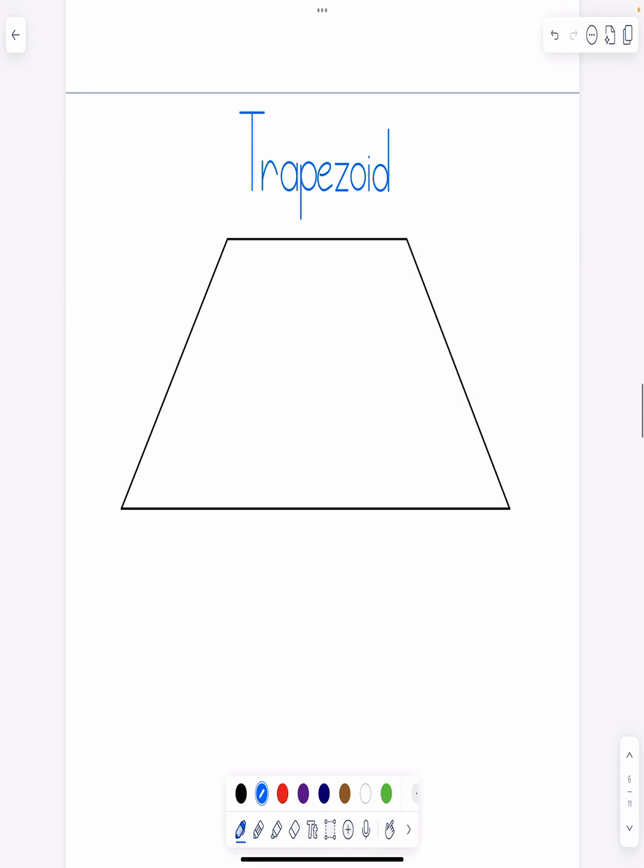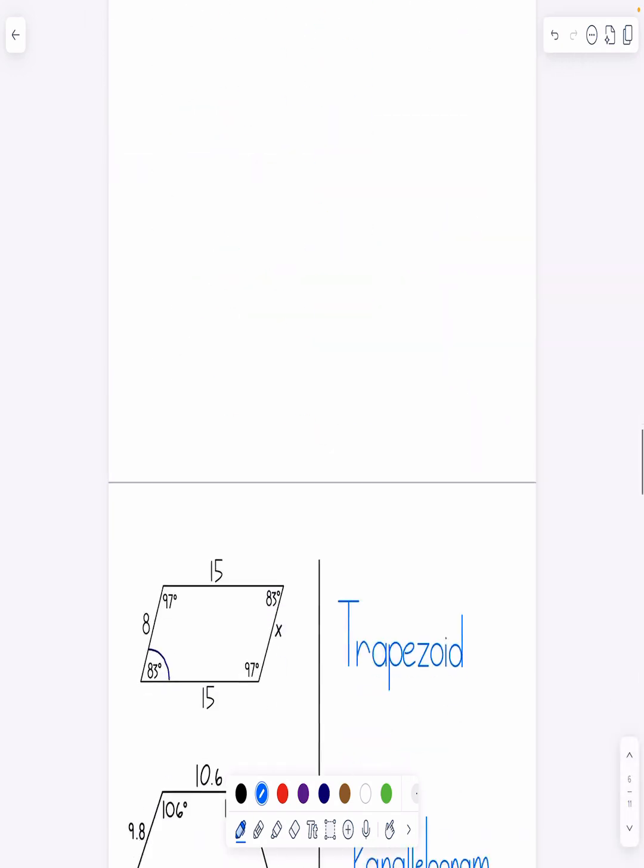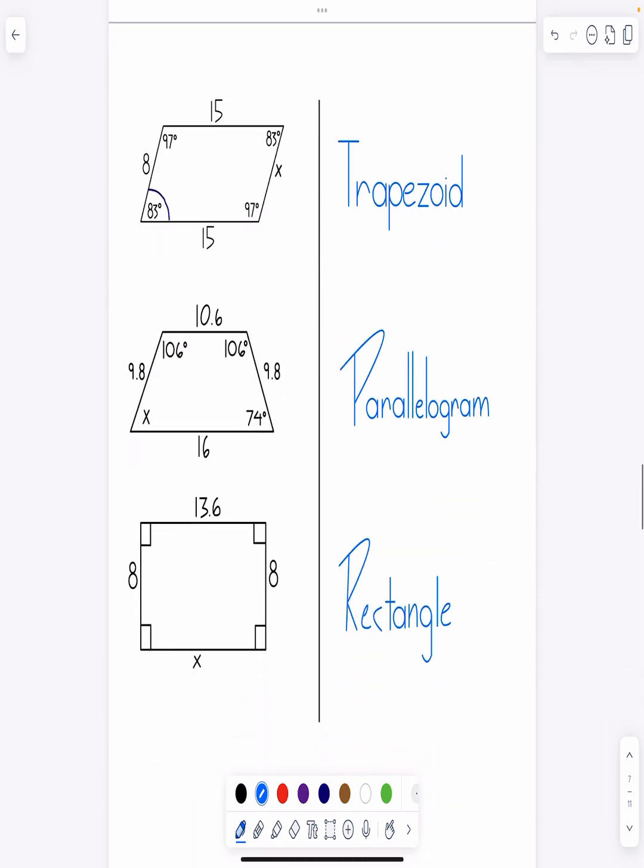A trapezoid is where two sides are parallel. So in this case, I have that. Let's go ahead and take a look at some matching exercises.